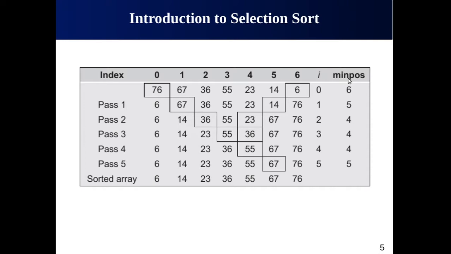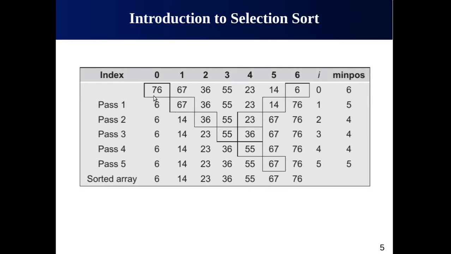And this other variable will help us find the location at which the smallest element is available. Here in this list, the smallest element is 6 and its position is 6, so the minimum position is 6. Similarly in this list, the smallest element is 14 and it is present at position 5. So here the variable contains 5.